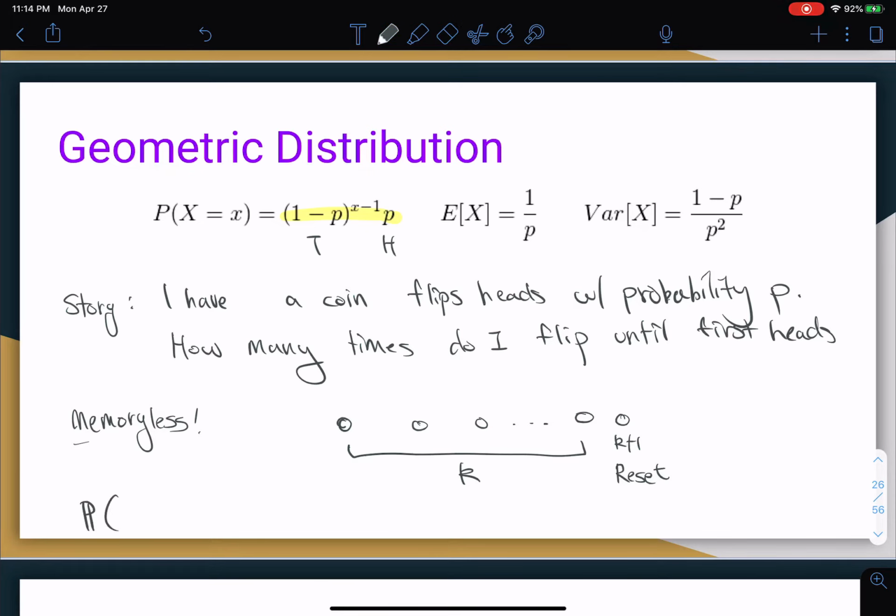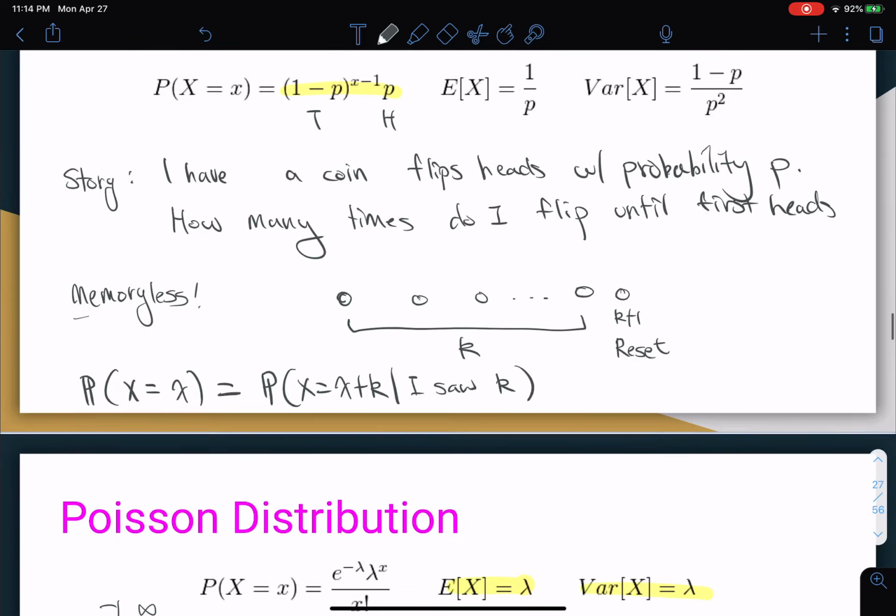The probability that x is equal to x is equal to the probability that x is equal to x plus k, given that I saw k. Alright, so that's the memoryless property for you, and it's going to come up again in exponential distributions.